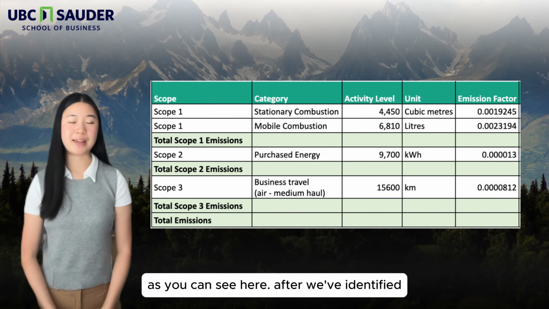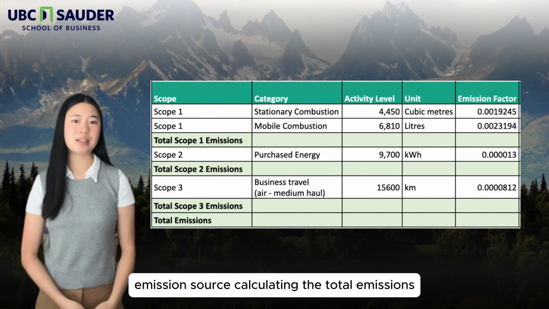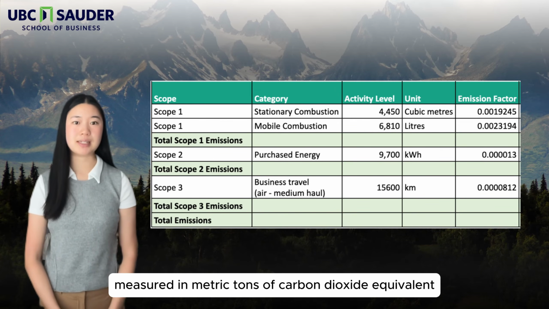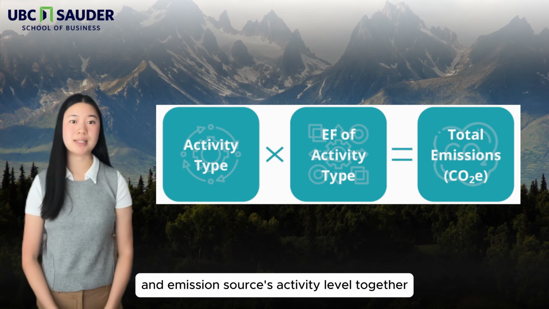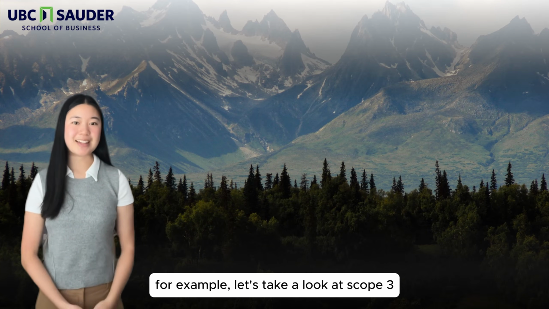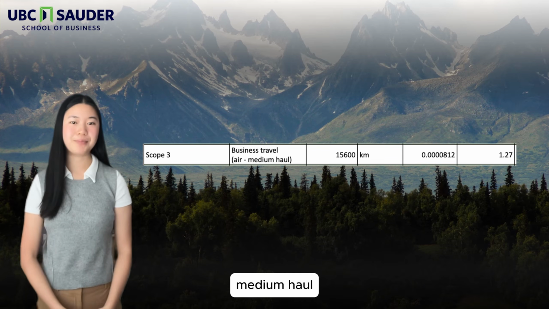After we've identified the emission factor associated with each emission source, calculating the total emissions measured in metric tons of carbon dioxide equivalent is as simple as multiplying the emission factor and emission source's activity level together. For example, let's take a look at Scope 3, where we've measured business travel by air, medium haul.